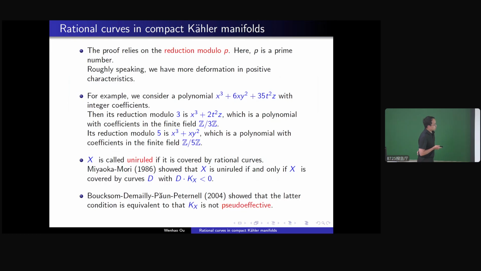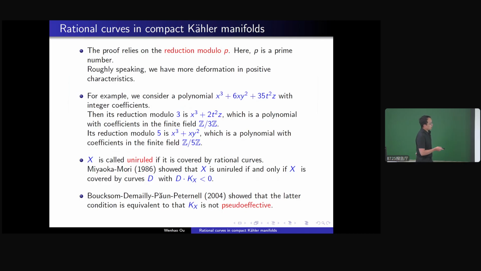Now I introduce a notion. A compact complex manifold X is called uniruled if it is covered by rational curves. Miyaoka and Mori showed that a projective manifold X is uniruled if and only if X is covered by curves D such that this intersection product is negative.